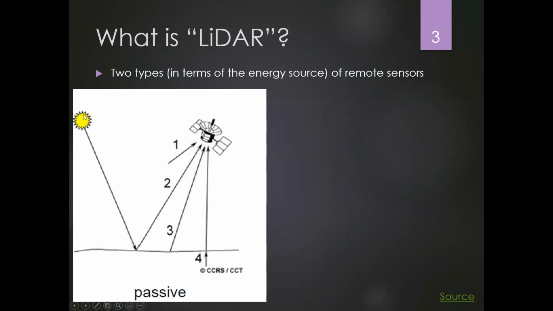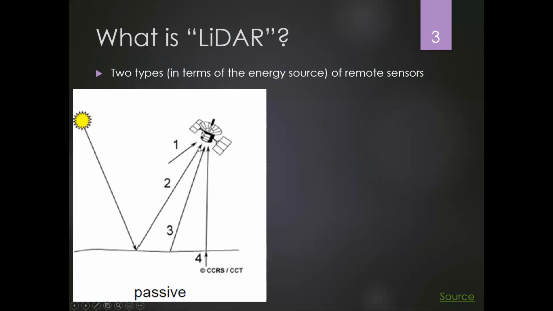In passive remote sensing, the sun is the source of energy. The energy here is specifically called electromagnetic radiation, EMR. And here is the satellite, and the remote sensors are mounted on satellites. You can see that the energy is emitted by the sun and reflected by the surface of the Earth.